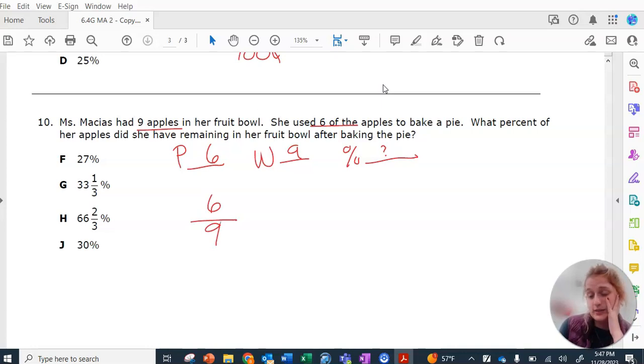Honestly, what I did, because I didn't want to do any long division here, was I said, is that more or less than half of the apples? Because I know that half is 50%. So is 6 more or less than half of 9? Well, half of 9 is 4.5, so 6 is more than that, which means that our answer needs to be more than 50%. And there's only one answer that is.